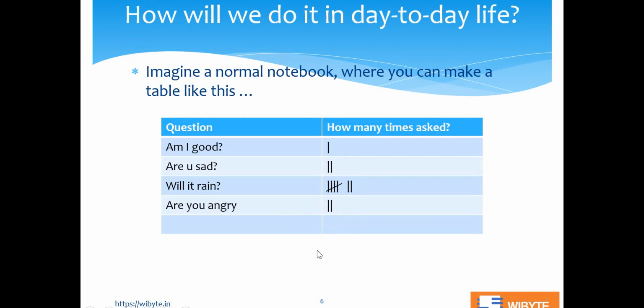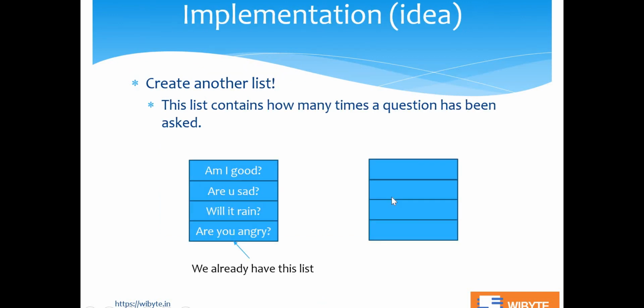So what I'm getting at is that the same idea we are going to now implement in the code, right? So look at this. We have this one list of questions, and we need to just create one more list here which can tell us how many times a particular question has been asked. And that's exactly what we're going to do in code as well. So we are going to just create another list here which will tell us how many times this question has been asked, right?